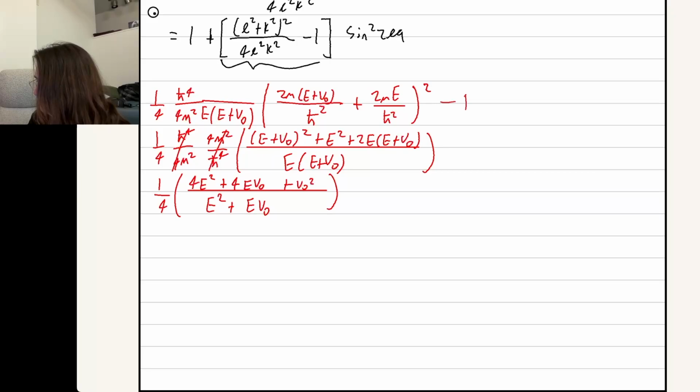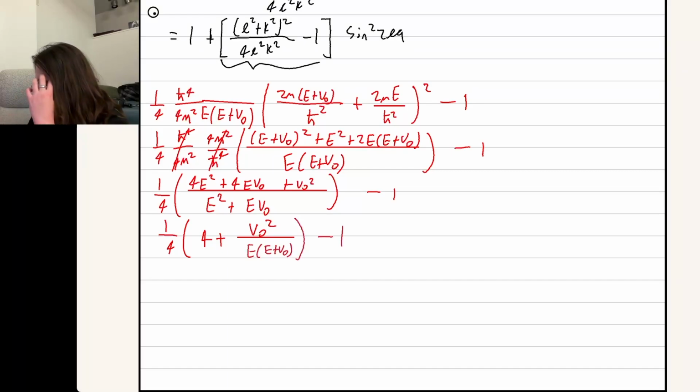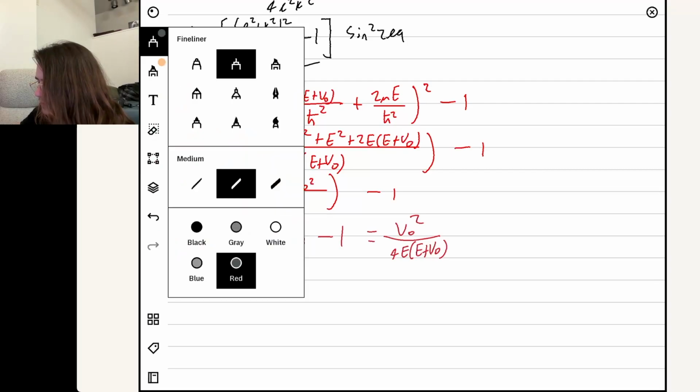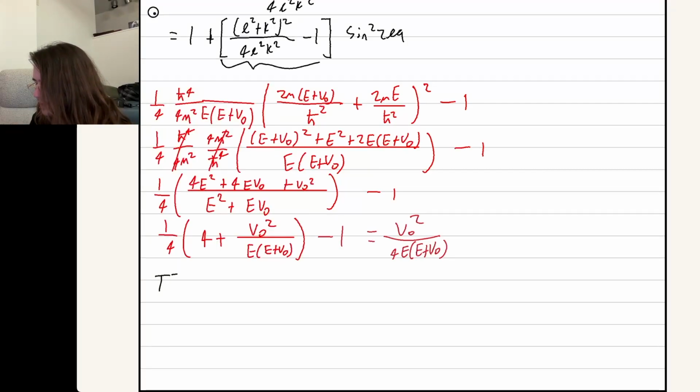And I've been neglecting the minus 1 the whole time, so let's write those on. So this is going to be 4 plus V naught squared, and on the denominator I'm going to recombine it to look like that. So it's going to be E times (E plus V naught) minus 1. So distributing the 1/4, we'll have a 1 minus 1. So in total, it's V naught squared over 4E(E plus V naught). And we can plug that into our expression for the inverse transmission coefficient now.